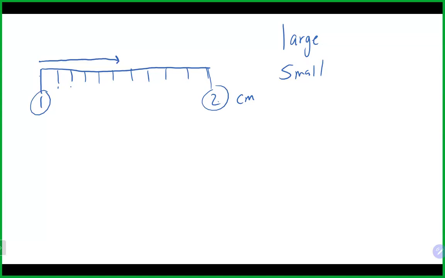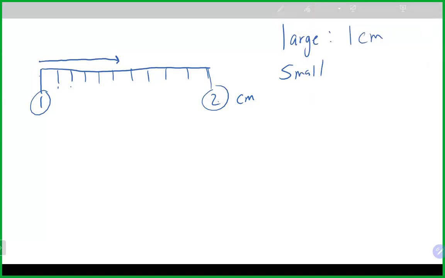So the first thing we could clearly see on this scale is, in terms of the large markings, there's a 1 and a 2. So each large marking represents 1 centimeter in this case, right? Now, what we want to then do is count up how many small markings there are between those two. It's really important you count correctly.